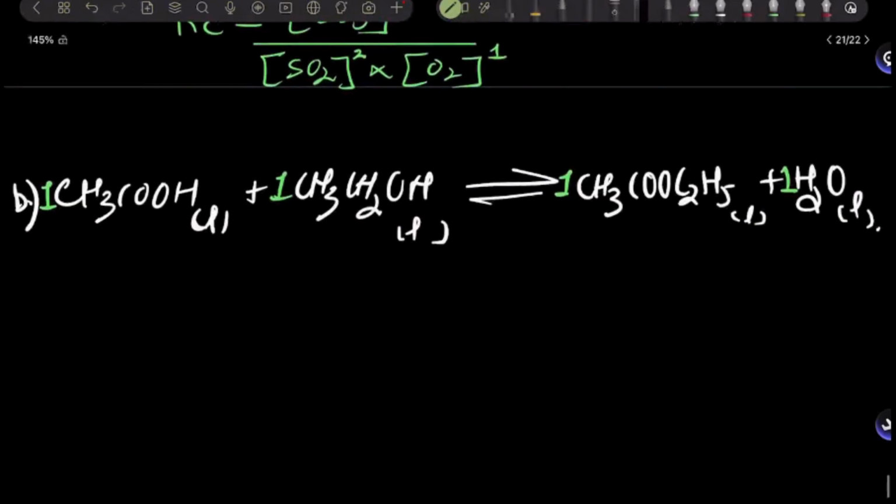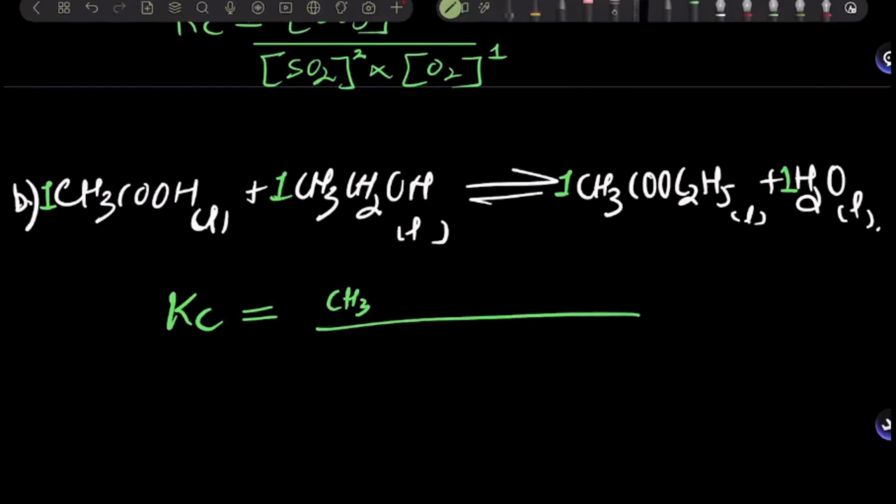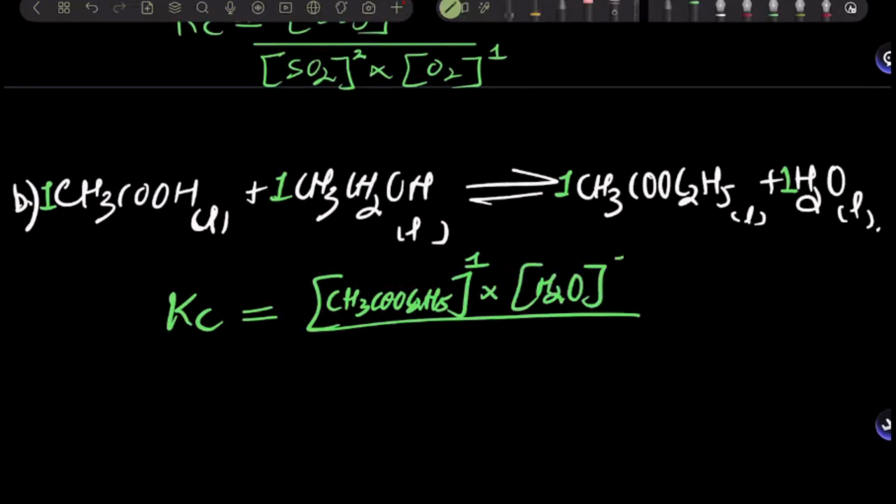Now I need to write the equilibrium constant. So how do I write the Kc expression? Kc would be equal to the right-hand side over the left-hand side. What's present on the right-hand side? There's the ester CH3COOC2H5, its concentration to the power 1, and then water, H2O, to the power 1.